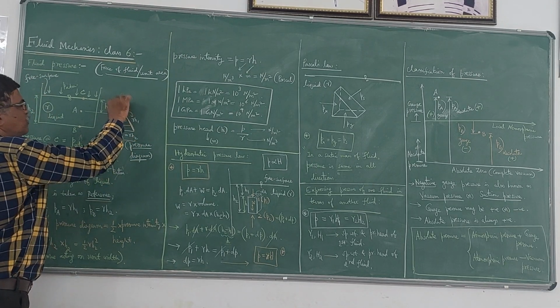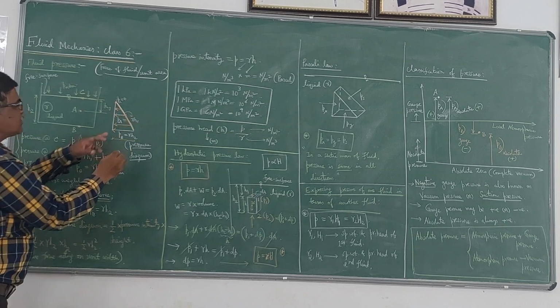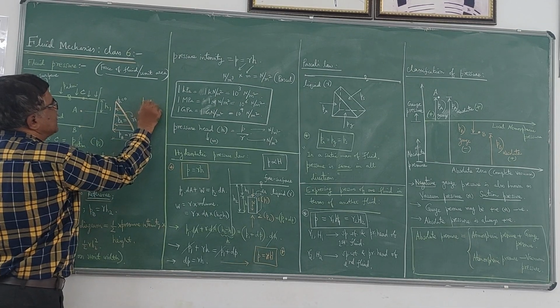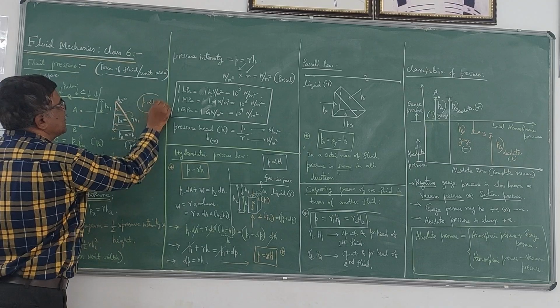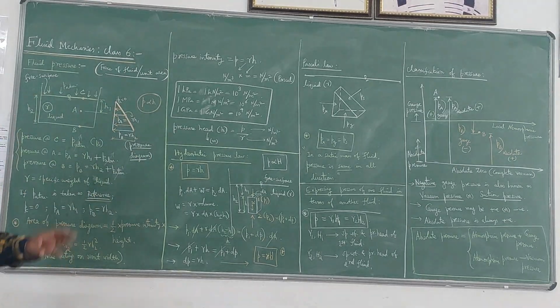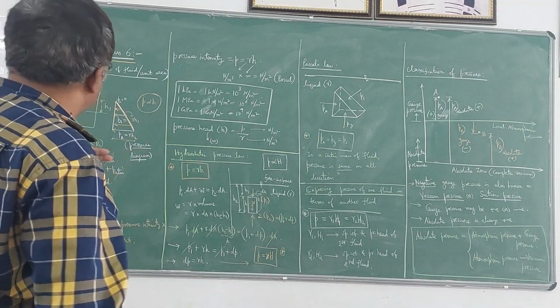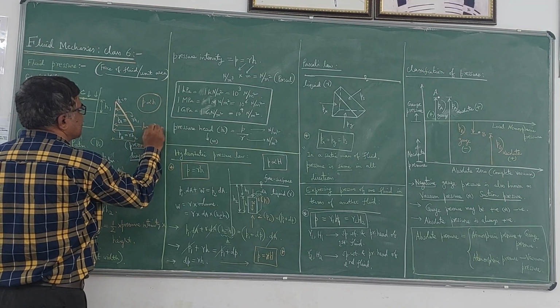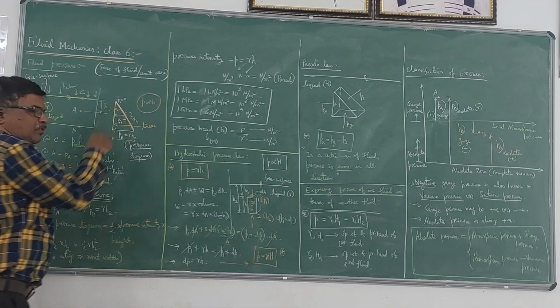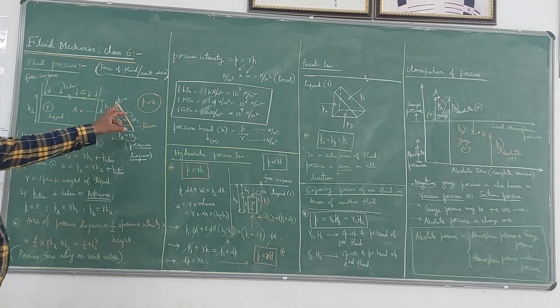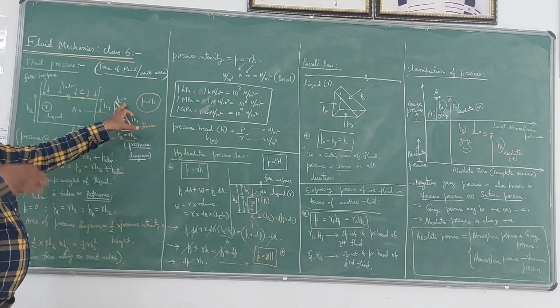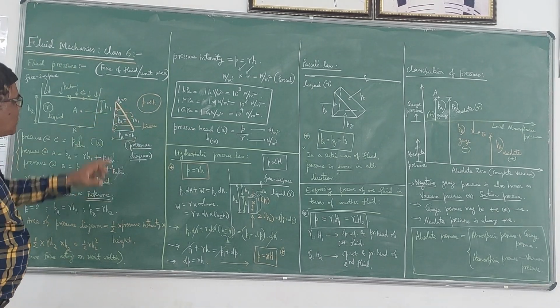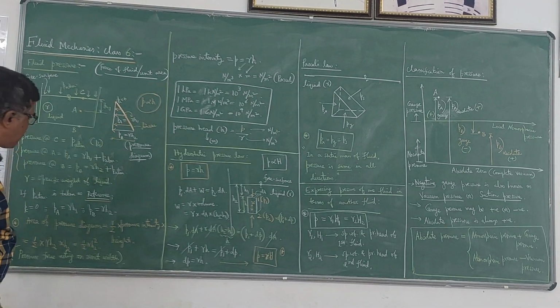If you join these points by a straight line, because P varies linearly with H, that is why we can represent the diagram using a straight line. It is a linear variation. This diagram is in the form of a triangle because at the top I have taken atmosphere as a reference and it becomes 0. So this diagram is called the pressure diagram.